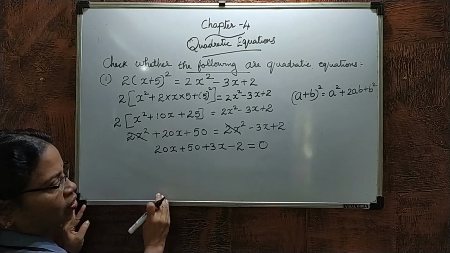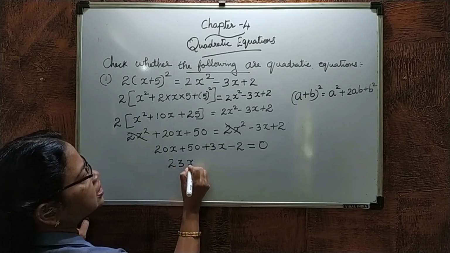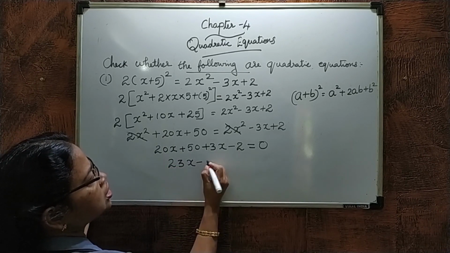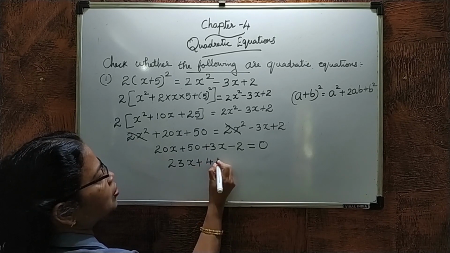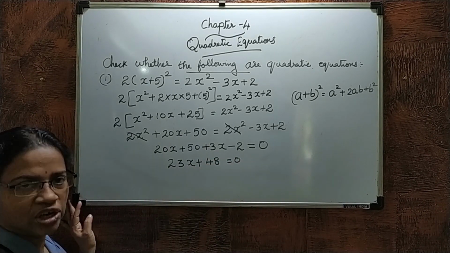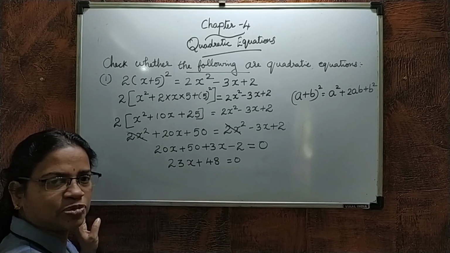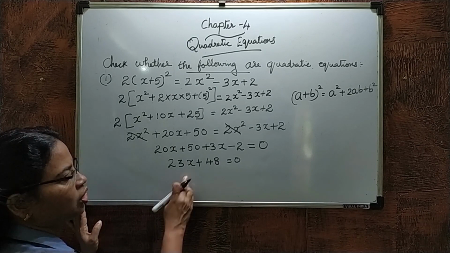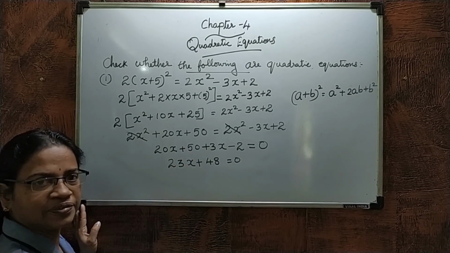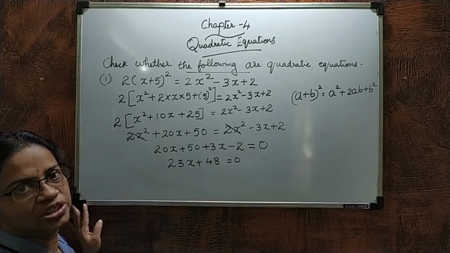Now you have to find out, 20x plus 3x is 23x, then 50 minus 2 is 48, plus 48 equal to 0. Just look, is it a quadratic equation? Which is the highest exponent or which is the degree? Here only x raised to 1 is there. So it won't be a quadratic equation.